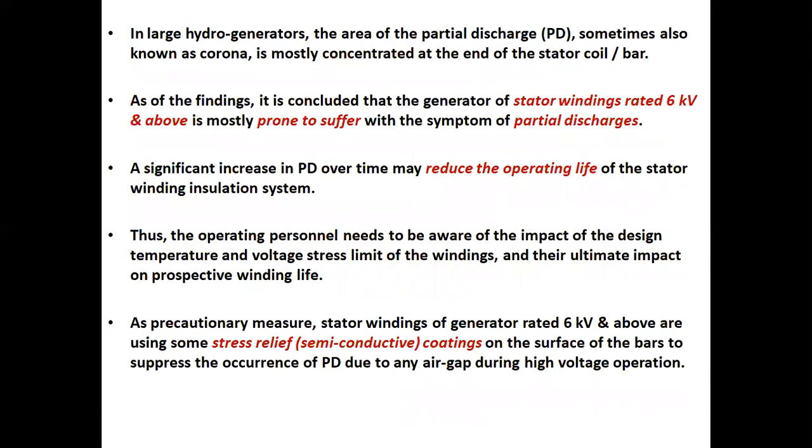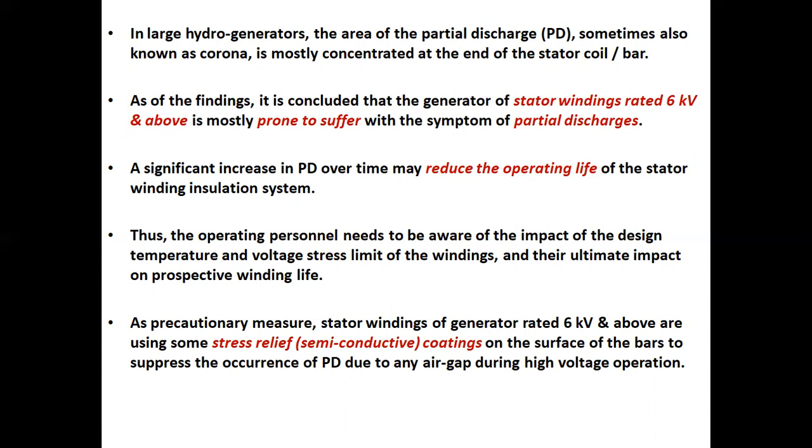In large hydrogenerators, the area of partial discharge, sometimes also known as corona, is mostly concentrated at the end of the stator coil or bar. As per the findings, it is concluded that generator stator windings rated 6 kV and above are mostly prone to suffer from partial discharges.